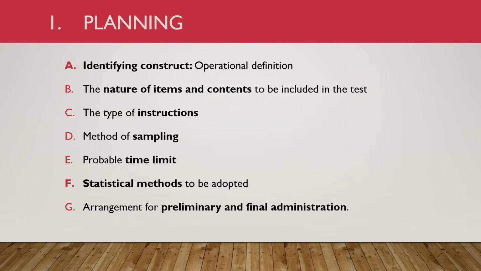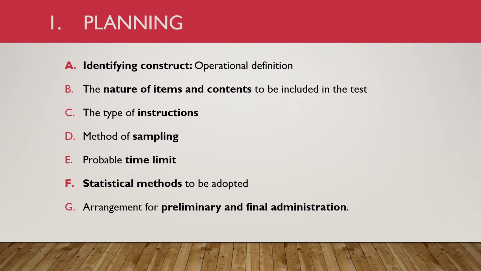The second important part is the nature of the items or the content to be included in the test. At the time of planning you have to decide what type of items and what type of content you want to include, and the type of instruction.